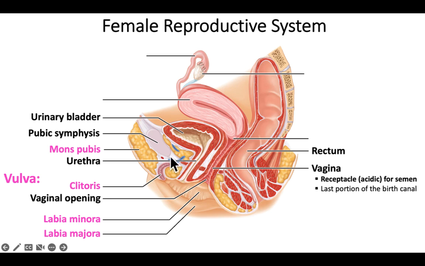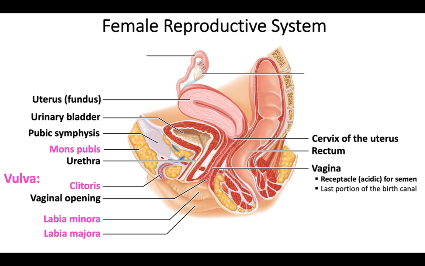One thing to remember is that the vagina protects itself from microbial growth by being acidic. And that acidity is going to get neutralized by the semen. Semen has some alkalinity to it, and that will help to neutralize that acidity. The acidity would be dangerous for the sperm cells.